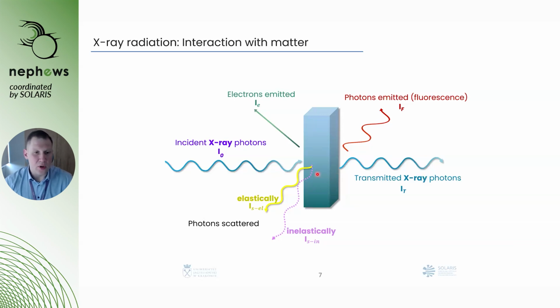Part of this radiation will be elastically or inelastically scattered from the sample, and part of this radiation will be absorbed by the sample, and as a result of the absorbed radiation the sample will emit electrons and will emit photons, and these photons will be called fluorescence or fluorescence radiation.